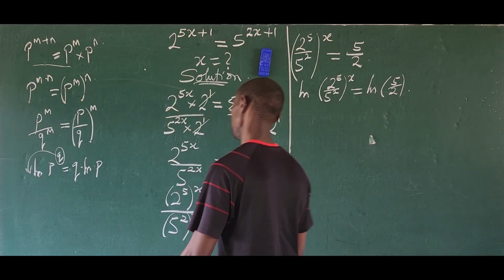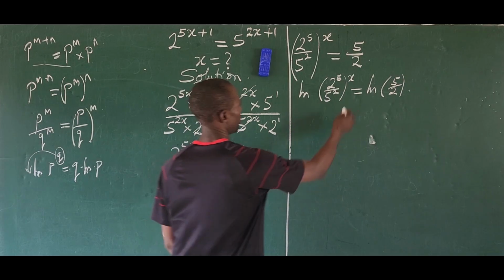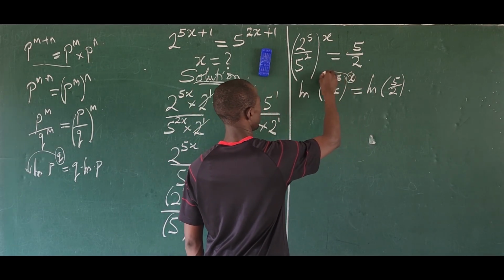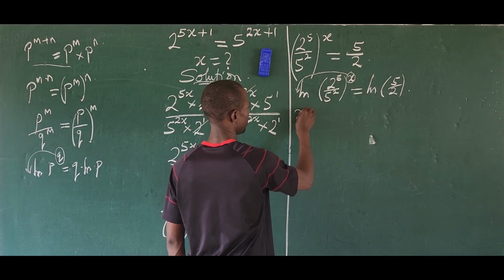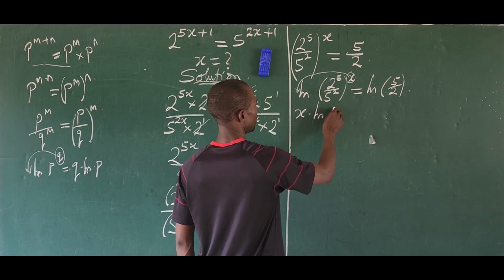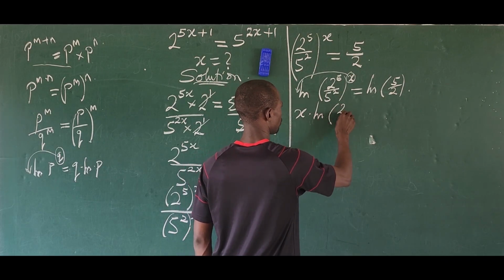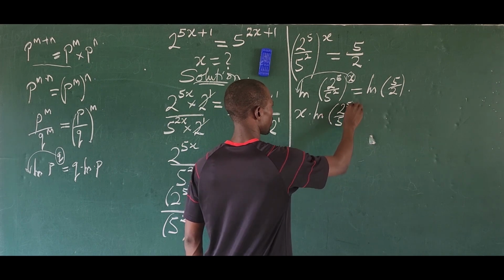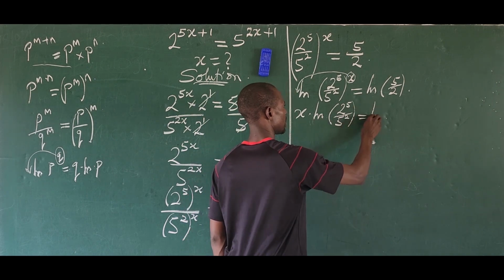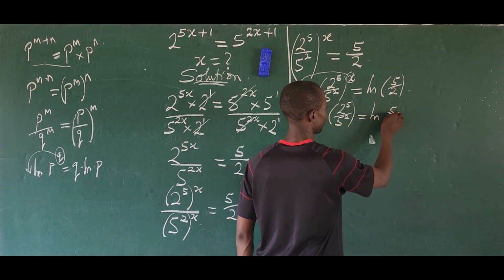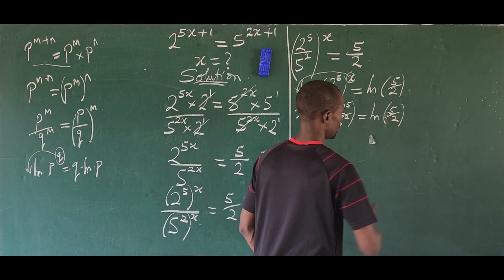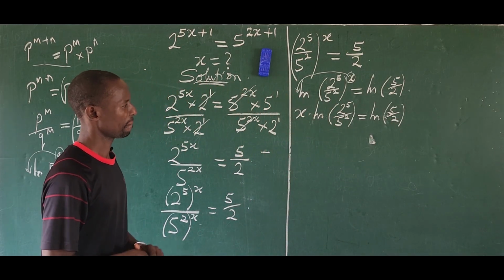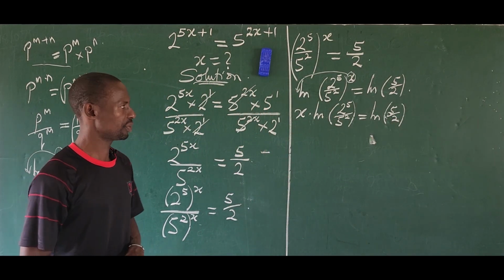All right, so if we have this, then we can move this x to the front. So we're going to have x times the ln of bracket 2 to the power of 5 all over 5 to the power of 2, close bracket, equals the ln of 5 all over 2. This is pretty easy, right? Good. So what do we do next here?